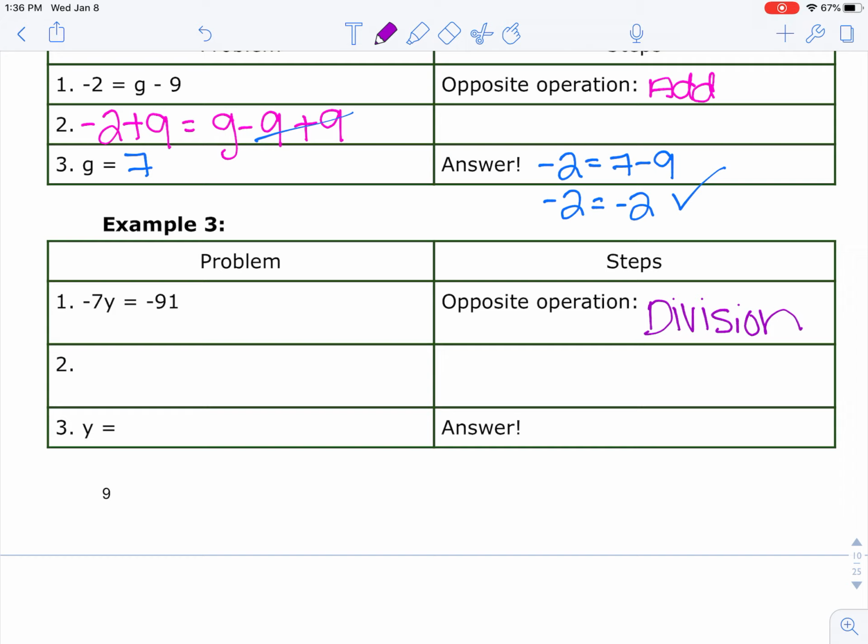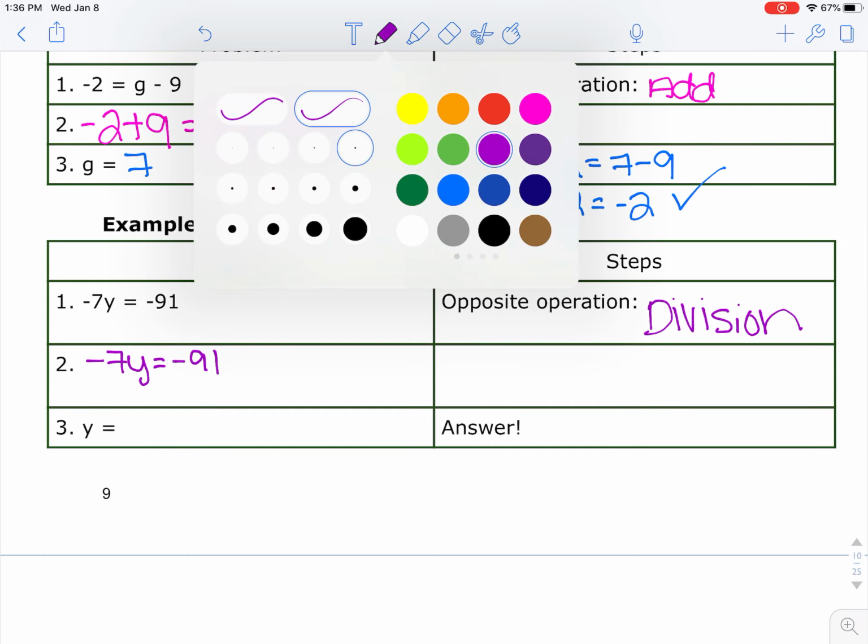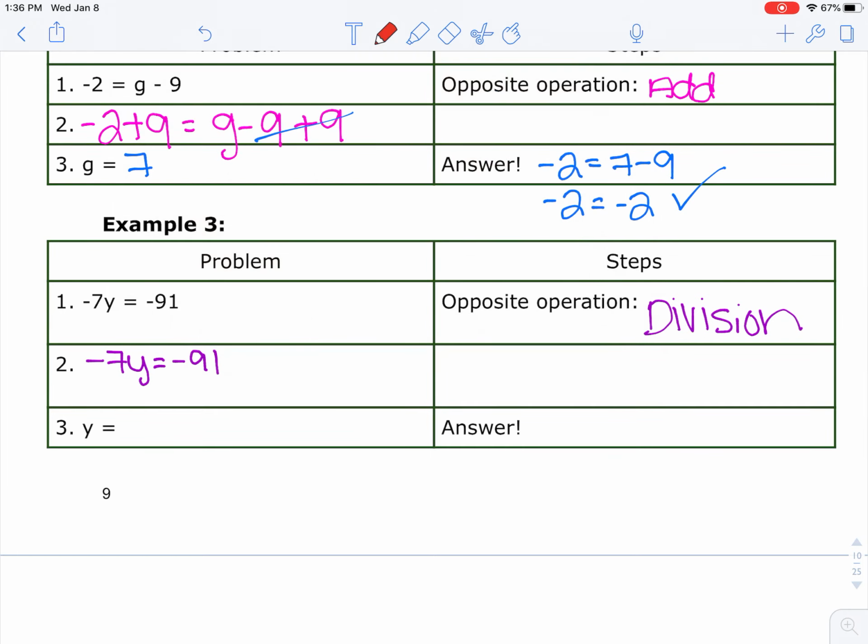So in order to get that -7 to cancel out, I have to divide both sides by the -7. So -7 divided by -7 simplifies down to 1y. The 1, you don't have to write it, so we're good. We've got y all by itself.